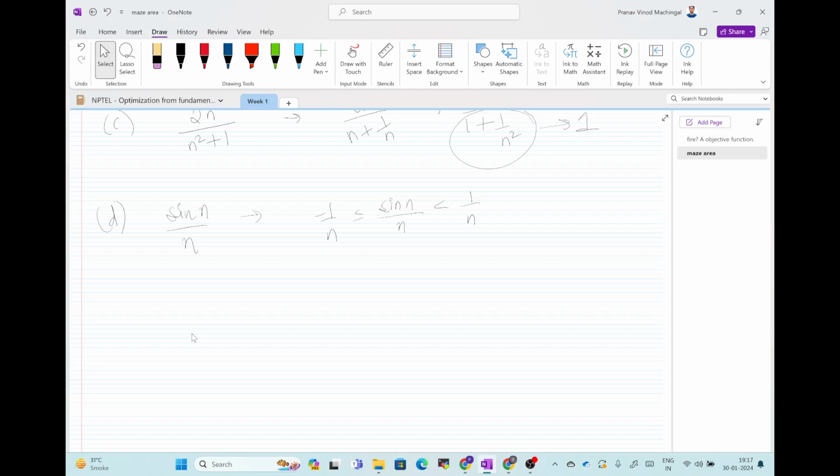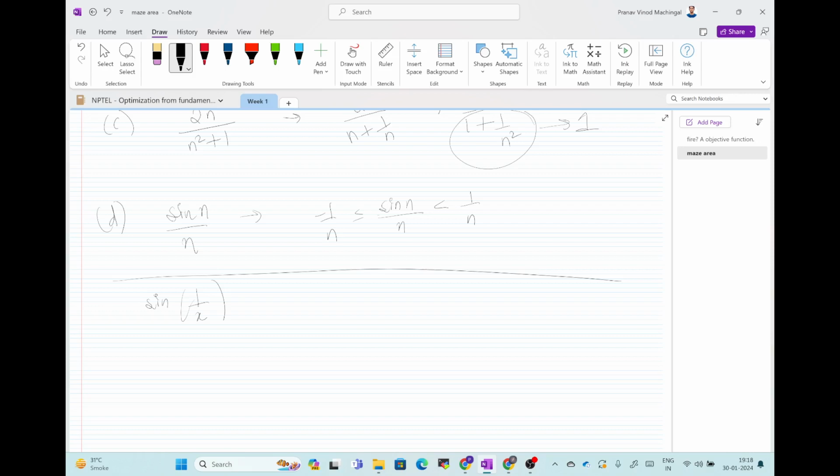So if I have a function sine of 1 by x, then is it continuous or is it discontinuous? Discontinuous at x equals 0.